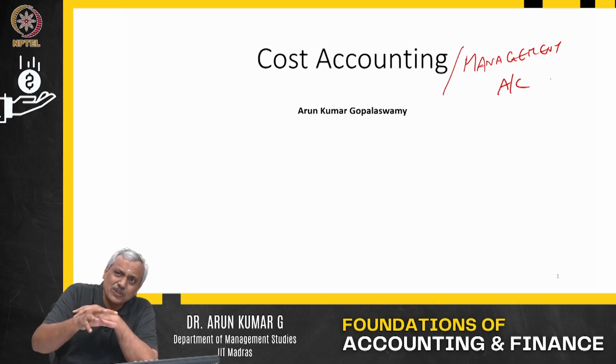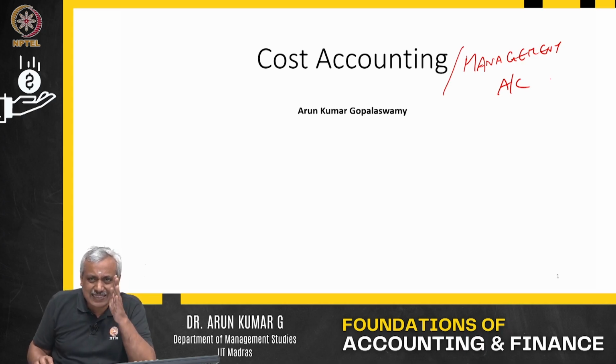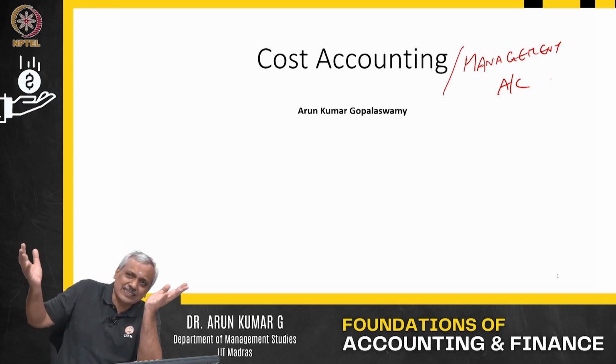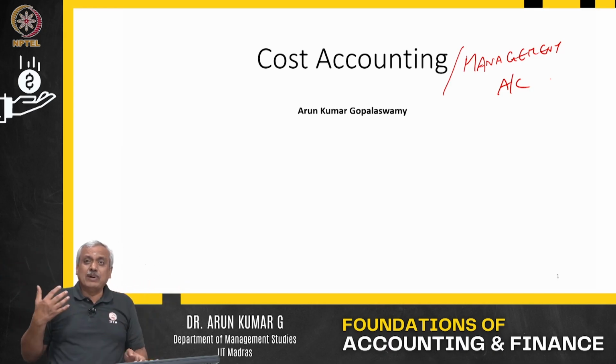So, what are we trying to do? In financial accounting, you enter the transaction in the financial statements after the transaction has taken place. Here, before the transaction occurs, before the event occurs, you are trying to look at the best possible way.